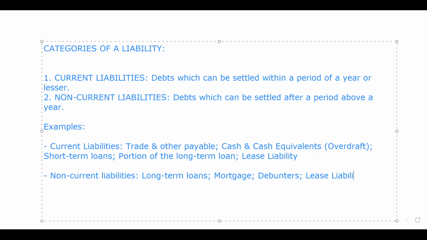The portion that is current is determined on the basis that it will be repayable in the next 12 months. But the part that is still remaining, which still needs to be paid, especially under a lease agreement, is considered non-current. Is it making sense? Yes. Right, because you get cases like that.